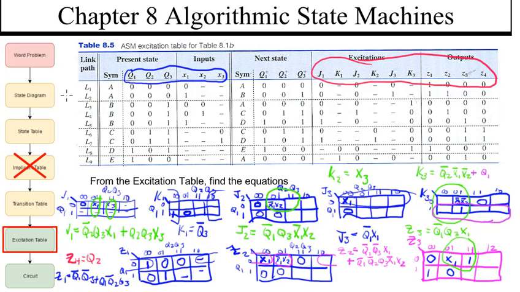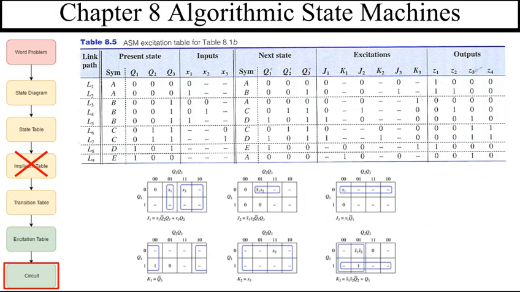And we can have another party right here to pick up this remaining 1. So this is Q1 doesn't matter, Q3 doesn't matter, Q2 is a 1. And then we got to pick up this guy. And we're done. These answers agree with the book.